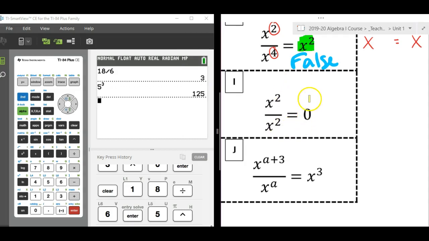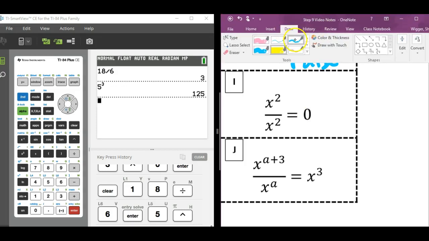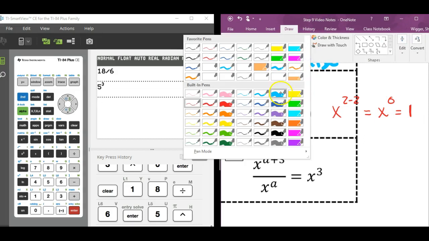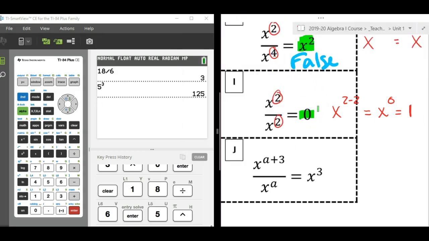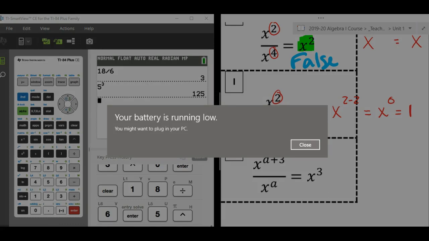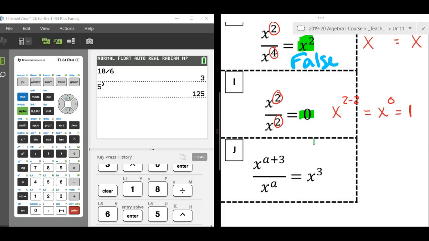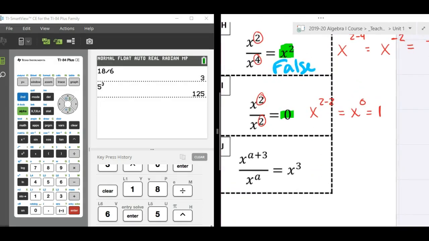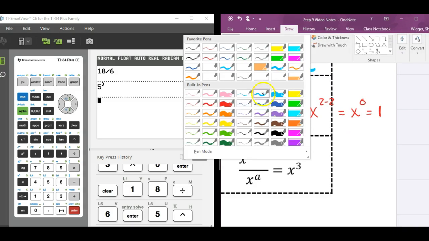Two minus 2 is 0. That was tricky. That is equal to 1, not 0.